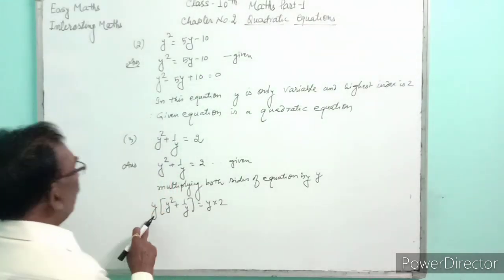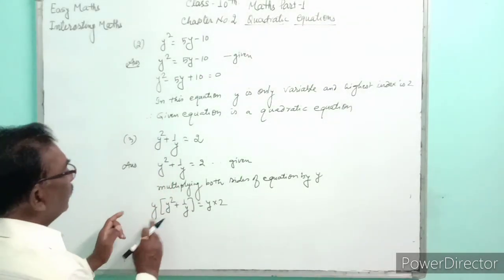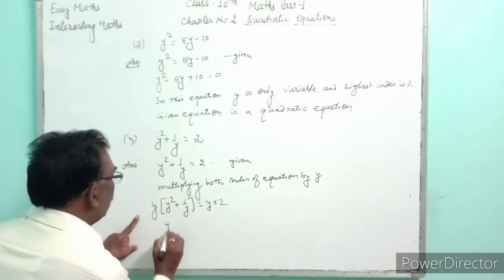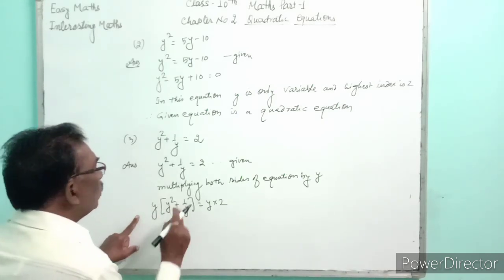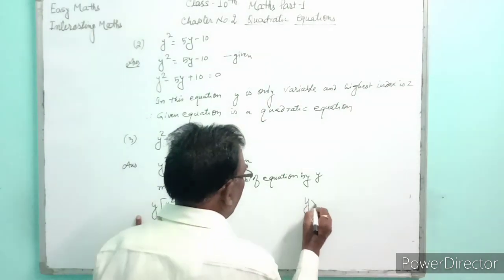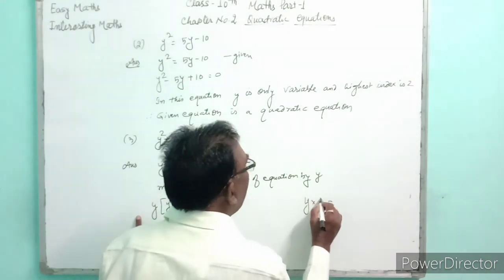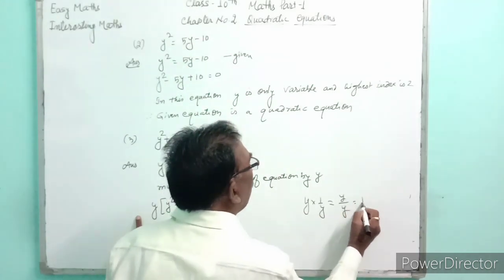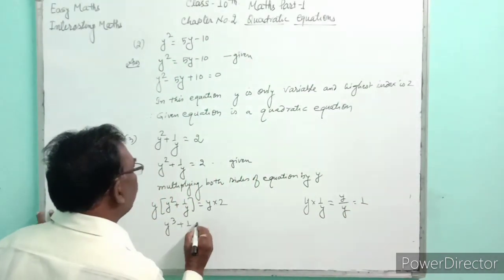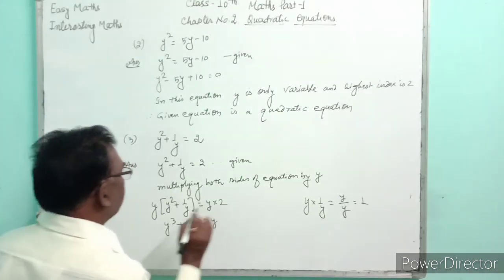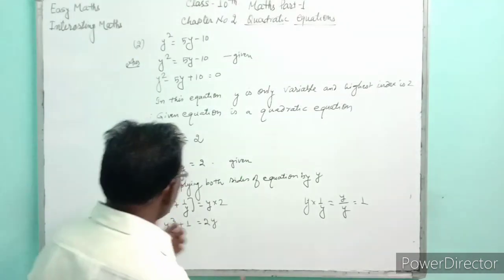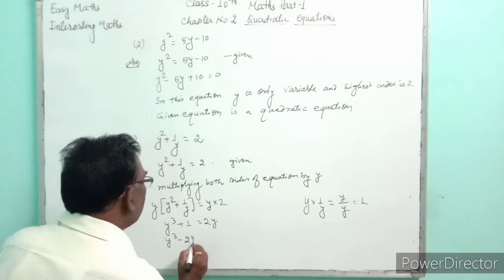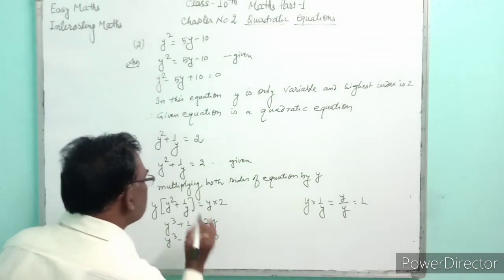So, y into y square, we will multiply this bracket by y. y into y square is y cube. y into 1 upon y, y upon y is equal to 1. So, 1 is equal to 2y. Now, y cube minus 2y plus 0.